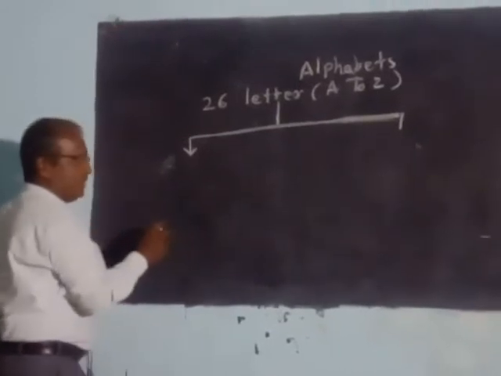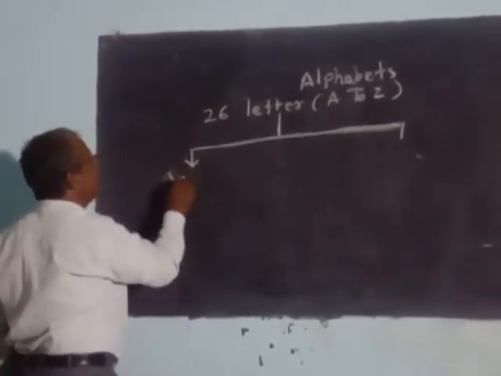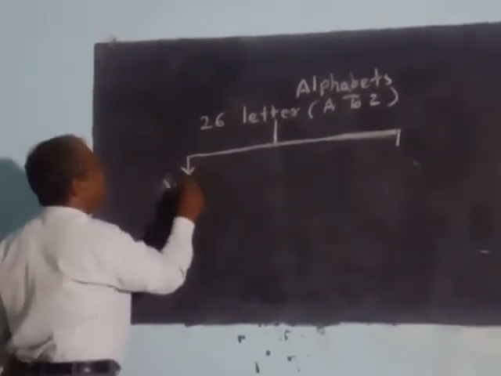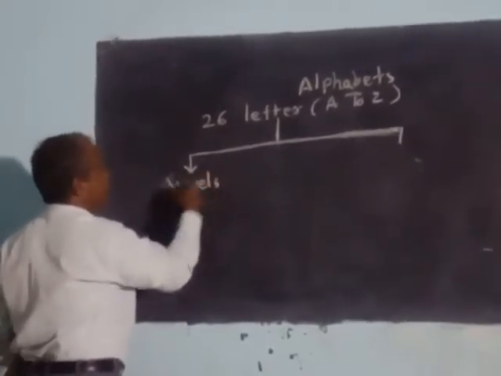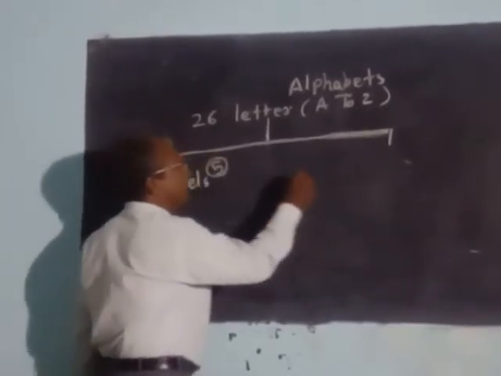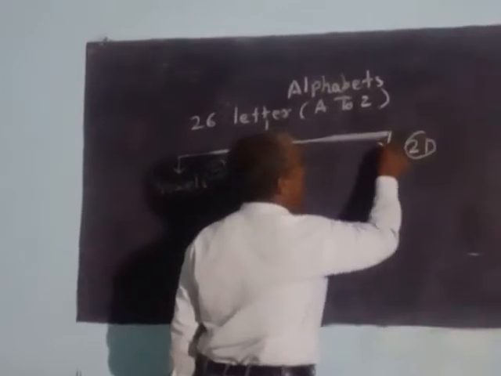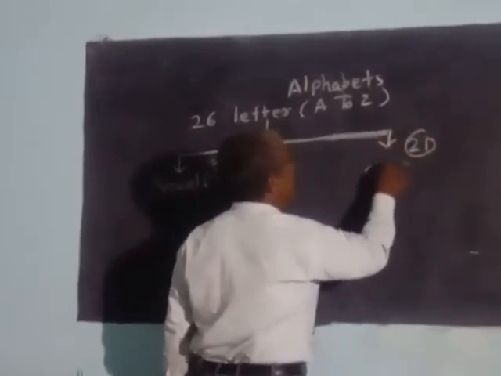From those letters, 5 letters are called vowels, and the remaining 21 letters are called consonants.